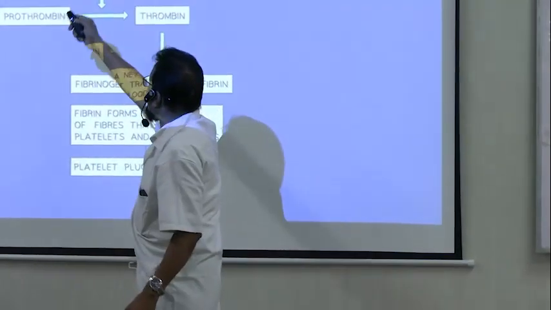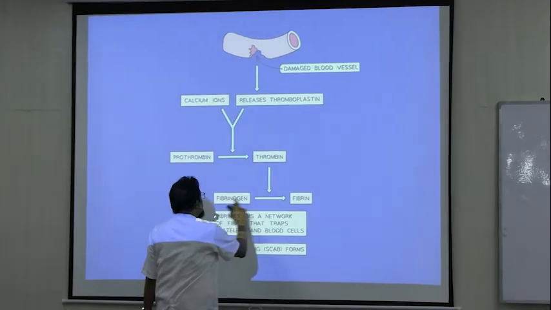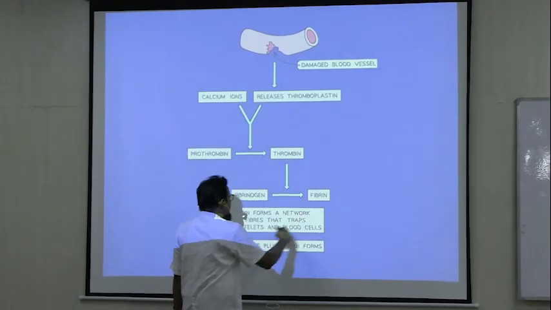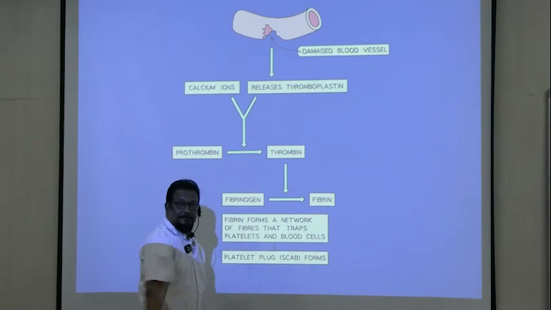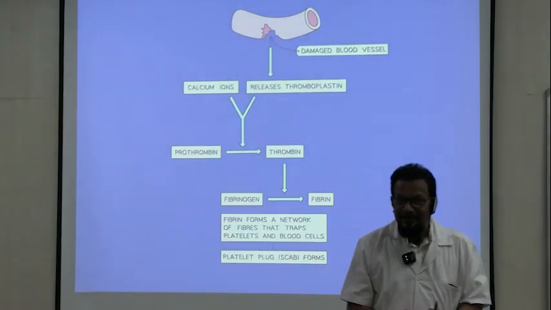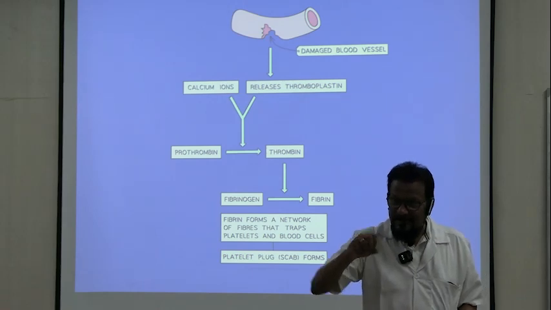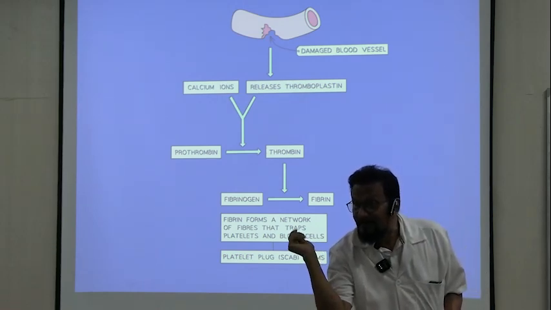So damaged blood vessels release thromboplastin, calcium ion stimulates prothrombin into thrombin, thrombin converts fibrinogen into fibrin. Now it produces a network, and within this network, blood cells are collected and clot is formed. After some time, it retracts and some fluid comes out, and this fluid is called what?